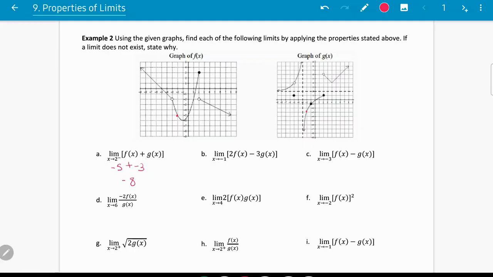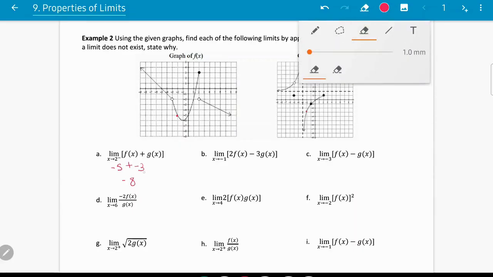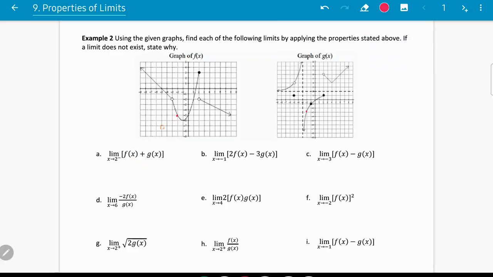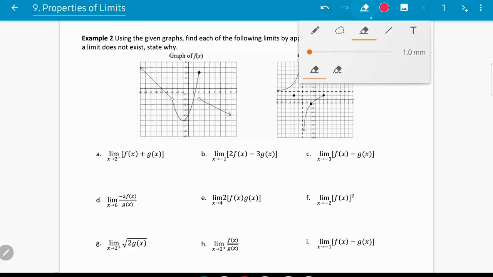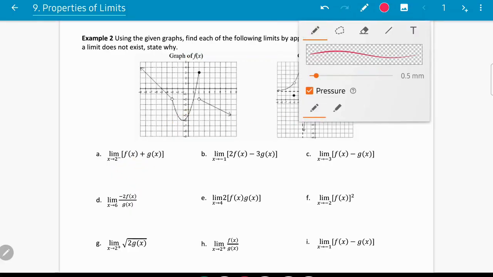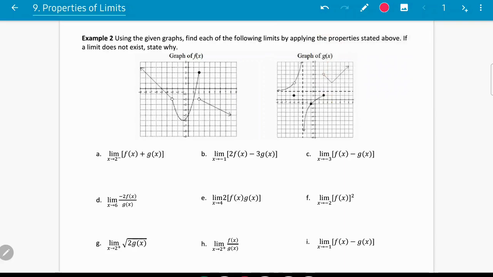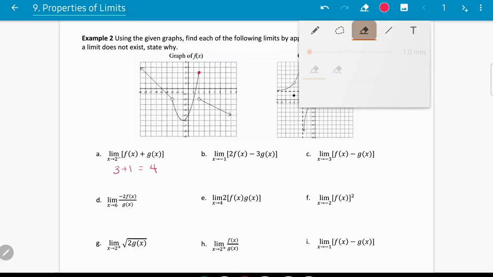So -8. Oops, I apologize. I'm looking at it from -2, so let me go back and fix that. All right, look at this again. The limit as x approaches +2 from the left of f of x is 3, and the limit as x approaches +2 from the right is 1, and so that limit is 4.